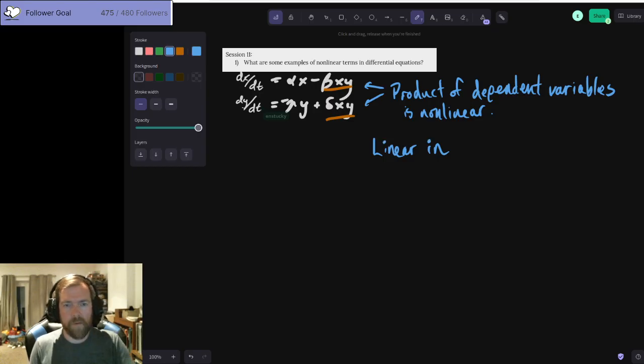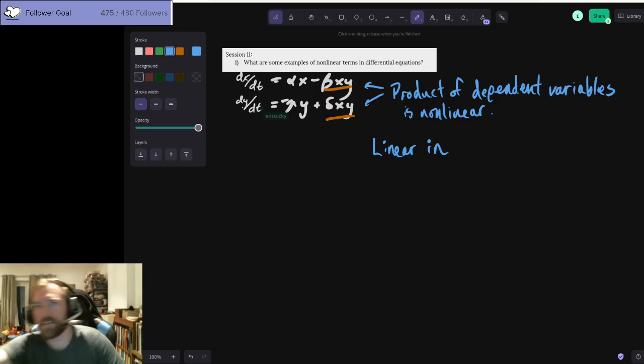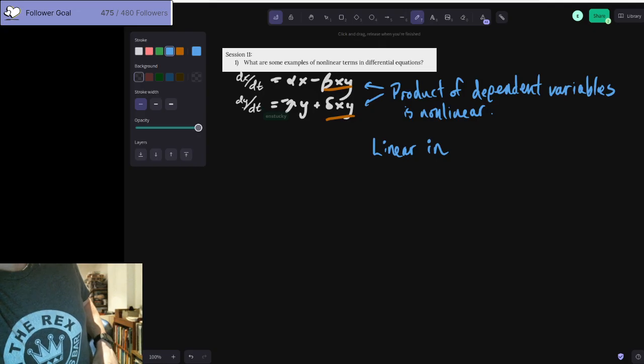What's going to have to be linear and what? Yep. So the equations themselves, in order to qualify as a linear differential equation, need to be linear in what? In the dependent variables.